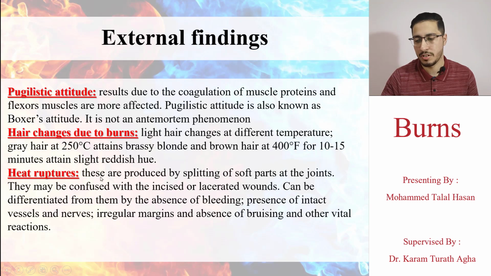And the heat rupture, this is produced by splitting of soft parts at the joints. We also see lacerated wounds and the absence of bleeding, maybe presence of intact vessels or nerves, irregular margins, and absence of bruising and other vital reactions.